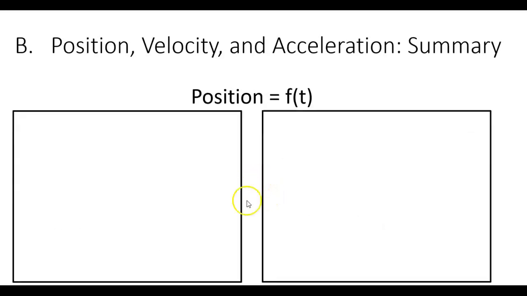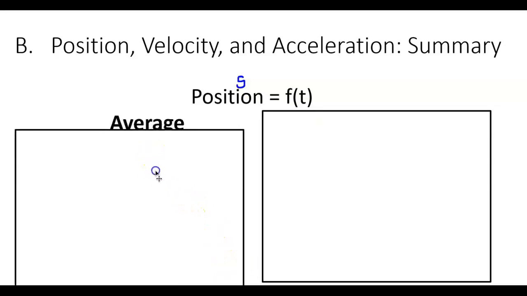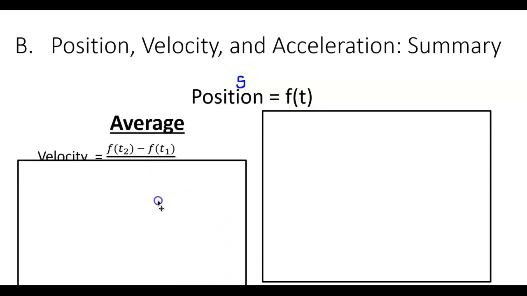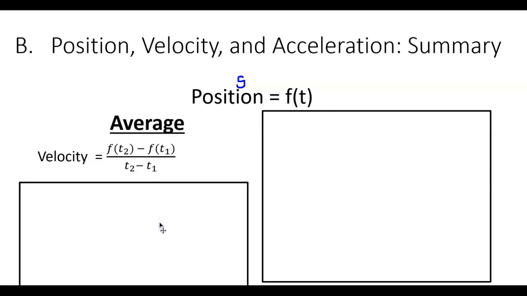So we talked earlier about the position function. Position, which is usually, we often use the letter S to represent position. S is equal to f of t. Now, what we learned in our lesson 4.7 was that you can find your average velocity by taking your position at one time and subtracting it from your position at another time and dividing it by the total time.